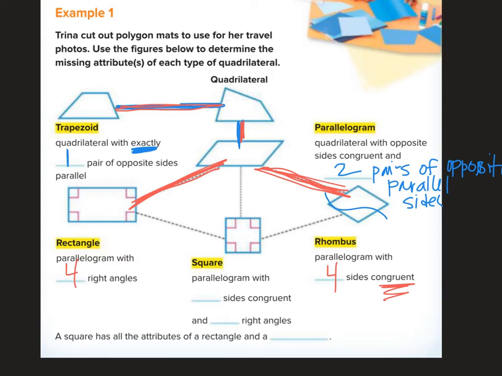Okay, and after we do that, then we can kind of branch back together because the square has to follow the rules for the rectangle and the rhombus. And so it has to have four sides congruent, four right angles. A square has the attributes of a rectangle and a rhombus. Okay, so there we go. This is what we got for how to remember how to classify quadrilaterals.